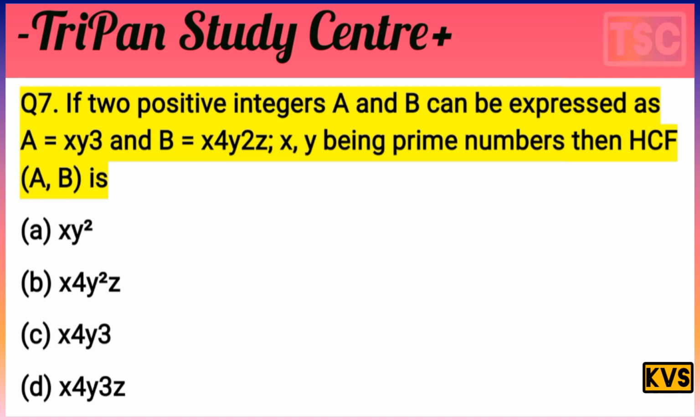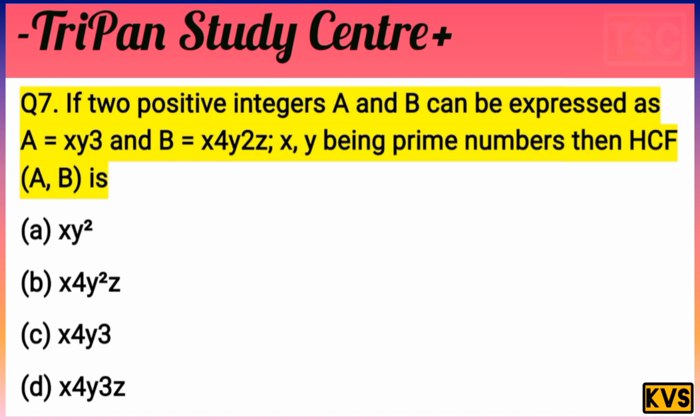The options are A) x y^2, B) x^4 y^2 z, C) x^4 y^3 and D) x^4 y^3 z. D is totally eliminated because D is the option for the LCM, not the HCF. So only three options remain.